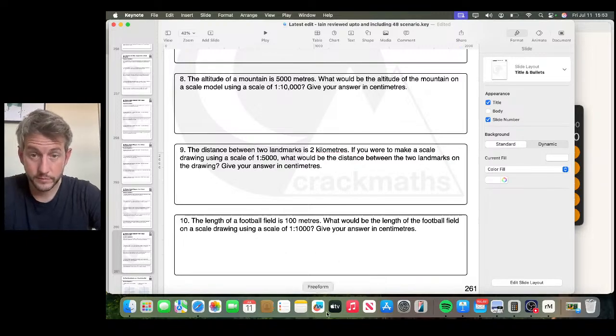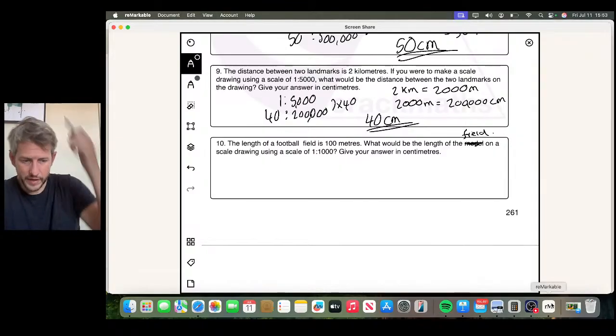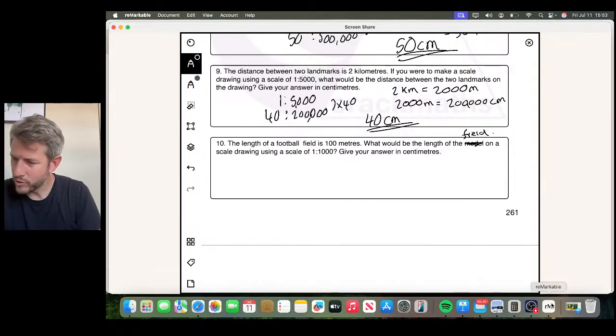What would be the length of the football field on a scale drawing using a scale of 1 to 1,000? Give your answer in centimeters.